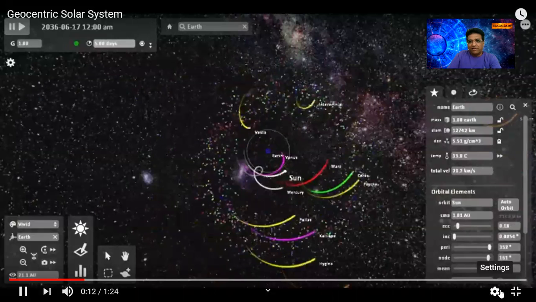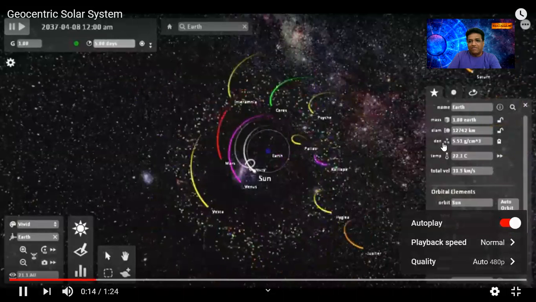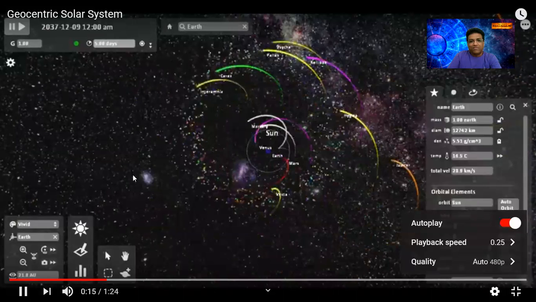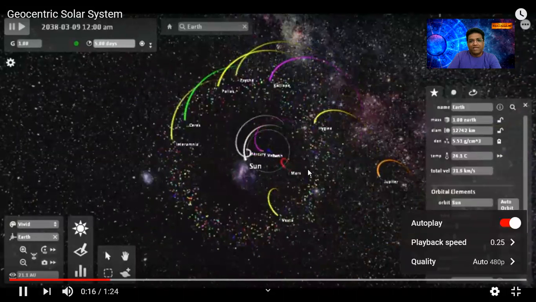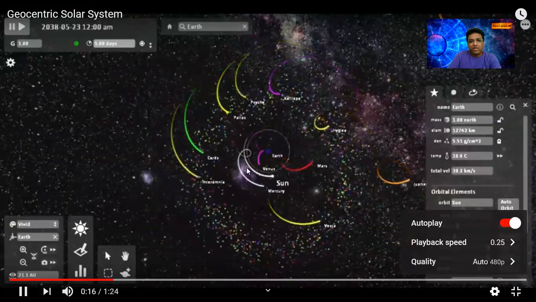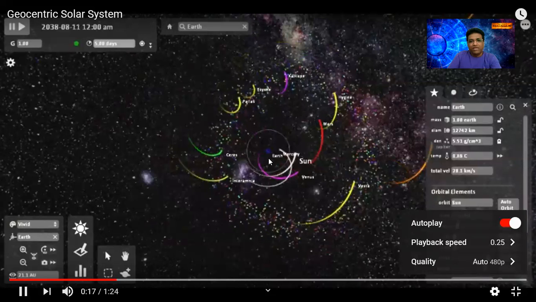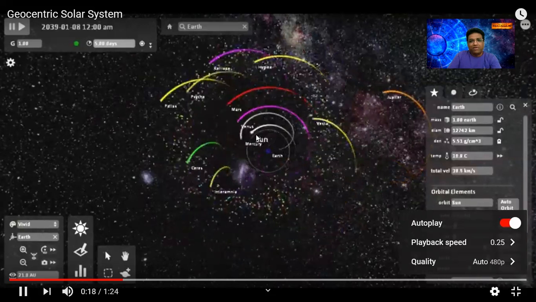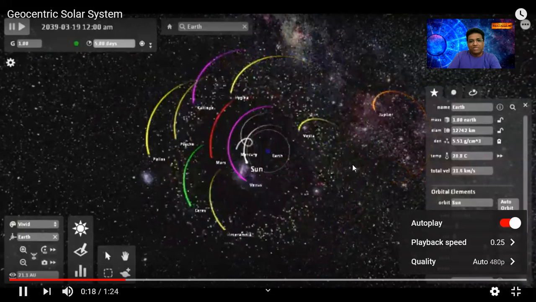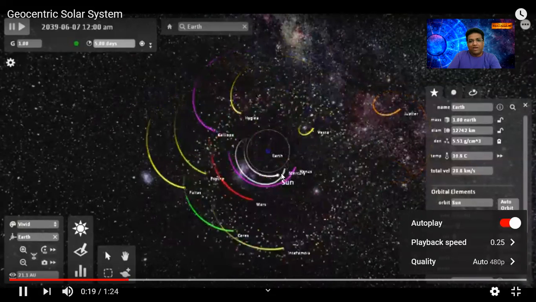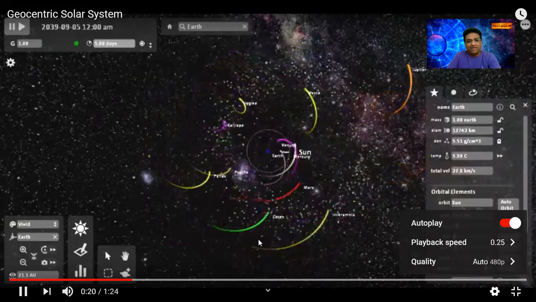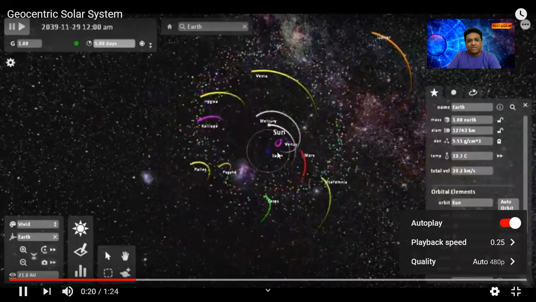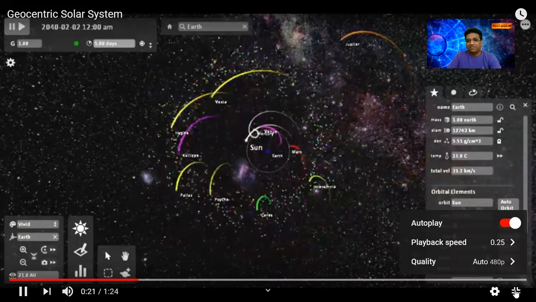Let me slow down so we can see a little bit. Now you can see the Earth is not moving, whereas the sun is moving, and Mercury and Venus are all rotating around the sun, and we think the Earth is sitting still.